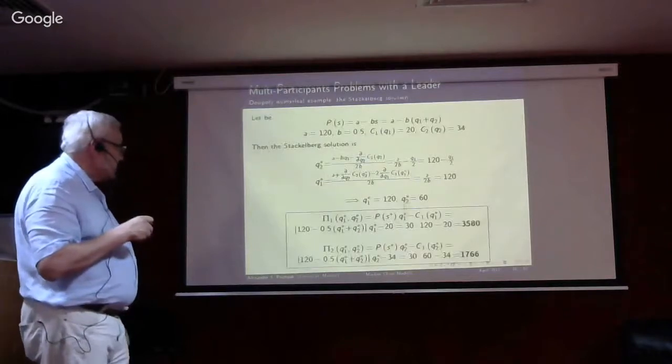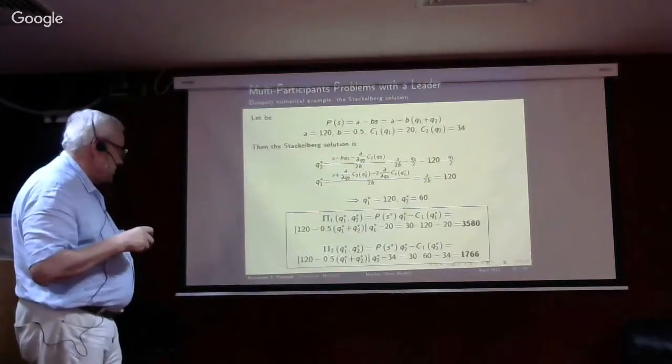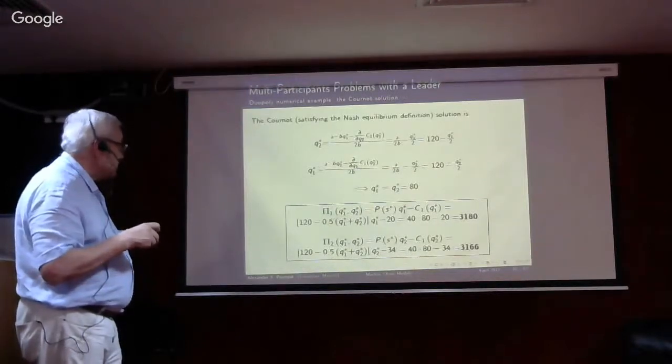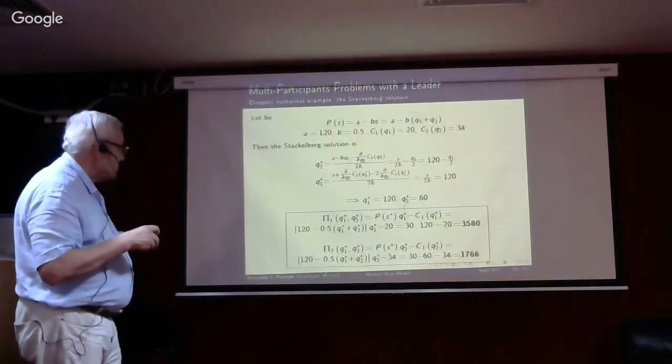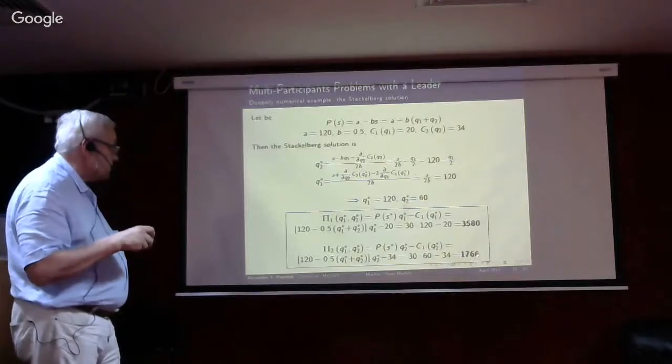So this is the difference, and the difference here between Nash and Stackelberg is very significant. These are incomes for two.